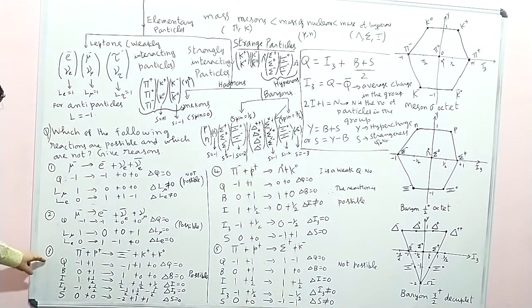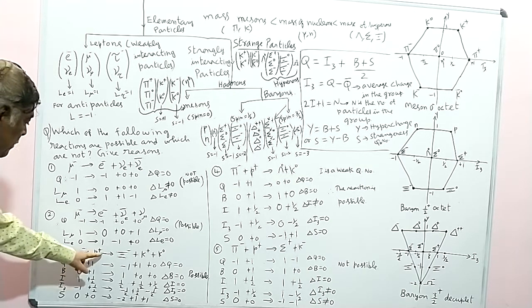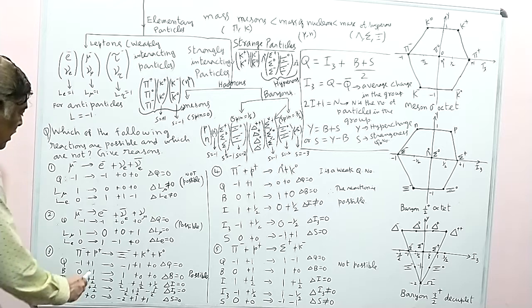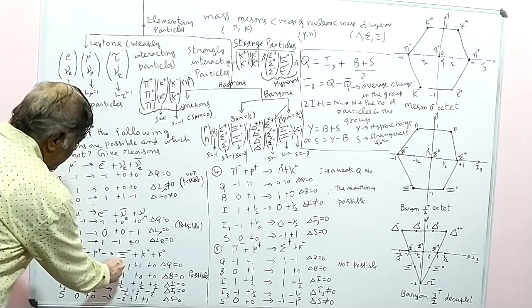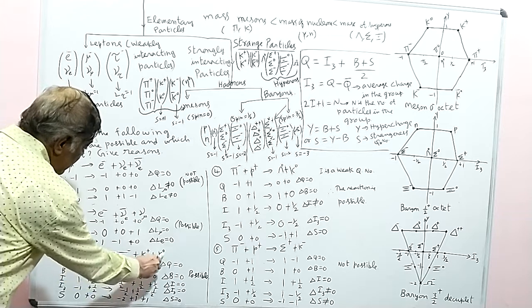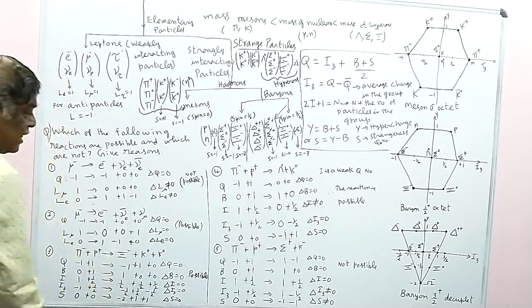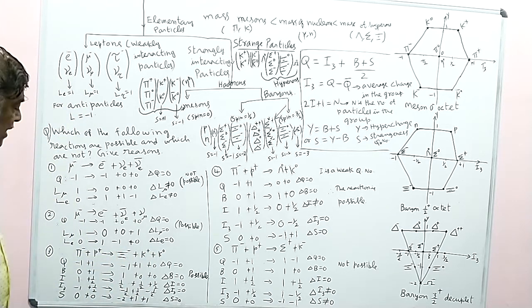Now, if we take problem 3, pi minus plus p plus, and after the reaction the particles are sigma minus plus K plus K0. Some people call this xi particle, some call it a cascade particle, both are the same.